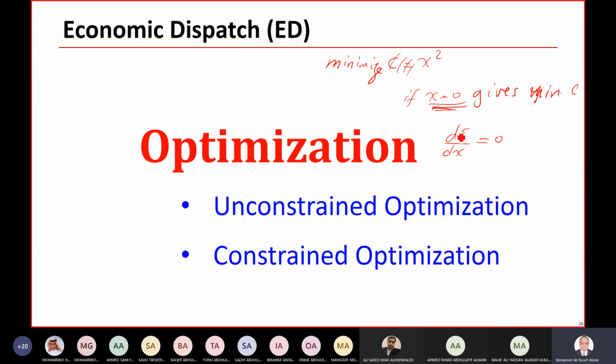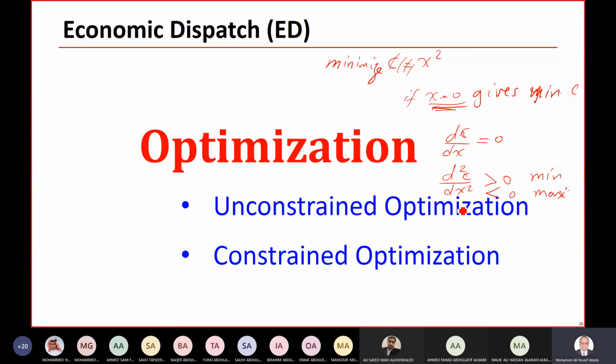This is at the minimum value or maximum value, the local minima or local maxima. First derivative equal to 0, and then you go to the second derivative. If it is greater than 0, it becomes a minimum value. If it is less than 0, it becomes a maximum value.